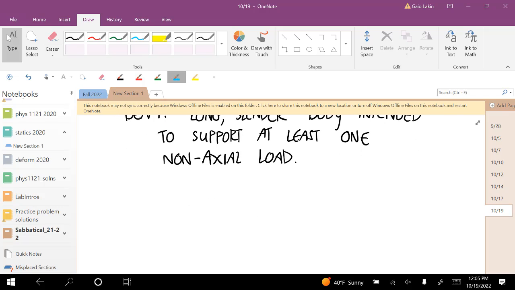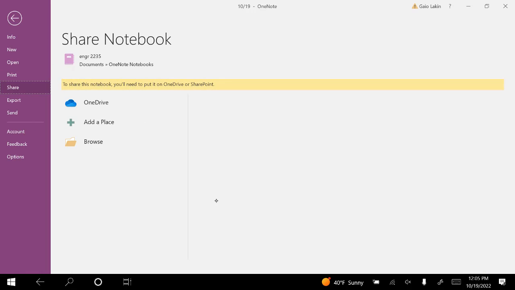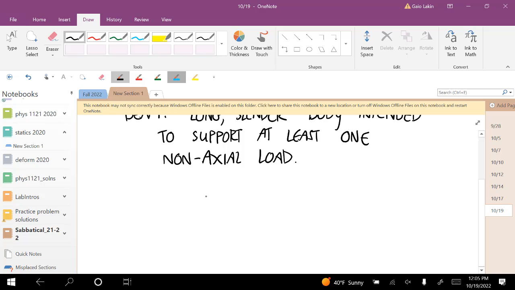So if you have something like this and the loads it supports are like this, you know, F1, F2, F3, if it's designed to support things like that, that's not a beam.